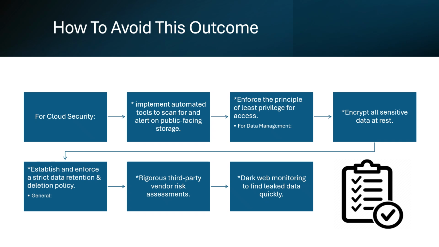Thirdly, they must establish and enforce a data retention policy to minimize the amount of old data held. Fourthly, they must perform thorough security assessments of third-party vendors. And finally, assume you will be breached and have threat intelligence capabilities to find your data, even if it leaks, allowing for a faster response.